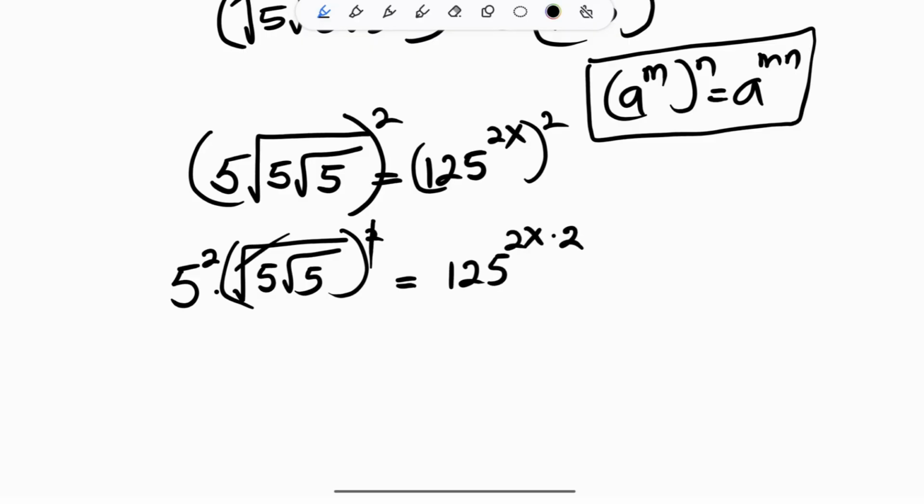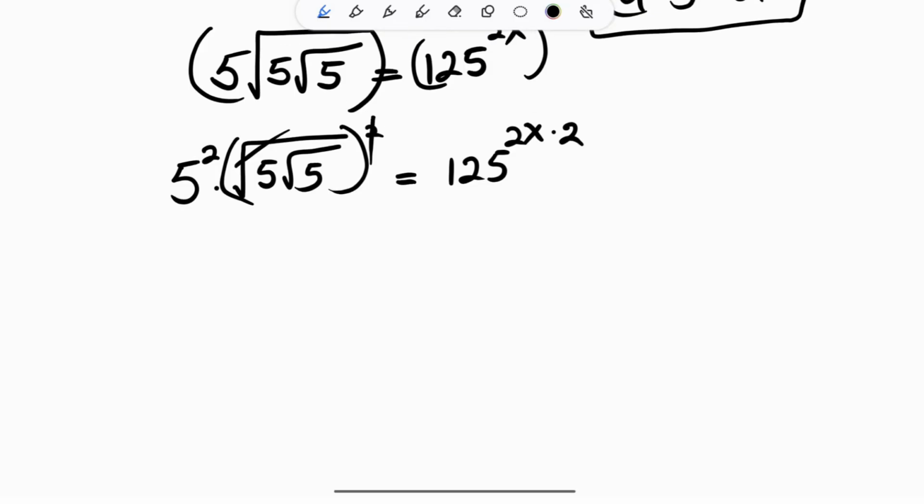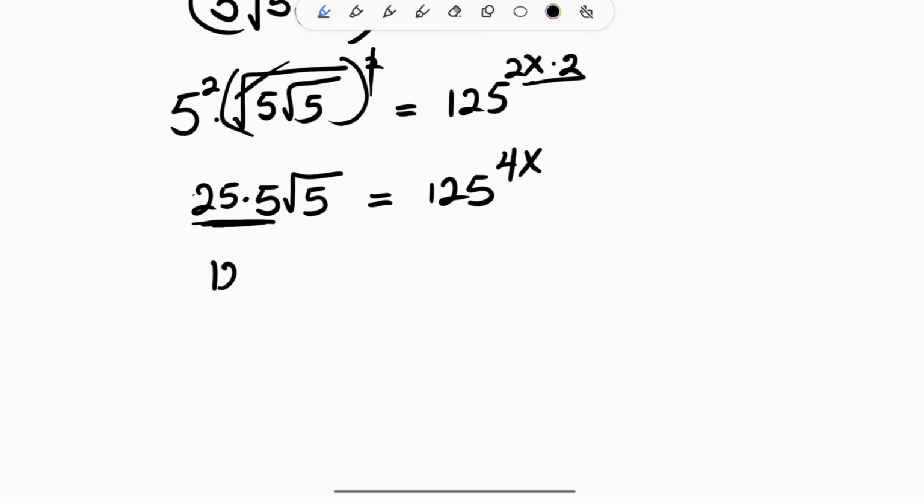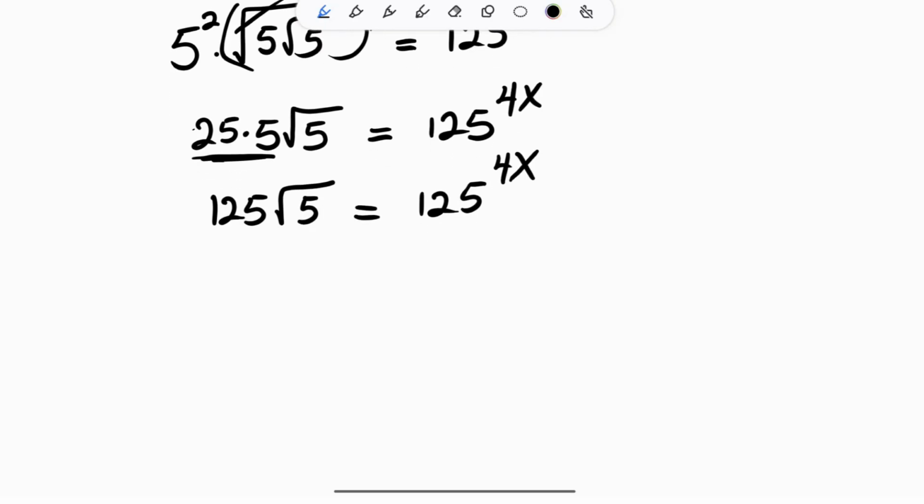This 2 cancels the square root. So we have 5 squared, which is 25, times 5 root 5, equals 125 raised to the power 2x times 2, which gives us 4x. Now 25 times 5 gives us 125 root 5 equals 125 raised to the power 4x.